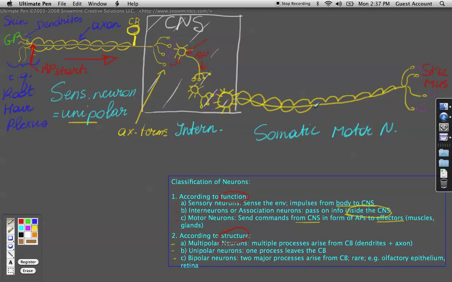So what I drew on the sensory neuron, those are also Schwann cells. The myelination inside of the CNS, so if we have myelinated interneurons, that myelination is formed by another neuroglial cell, and those are called oligodendrocytes.